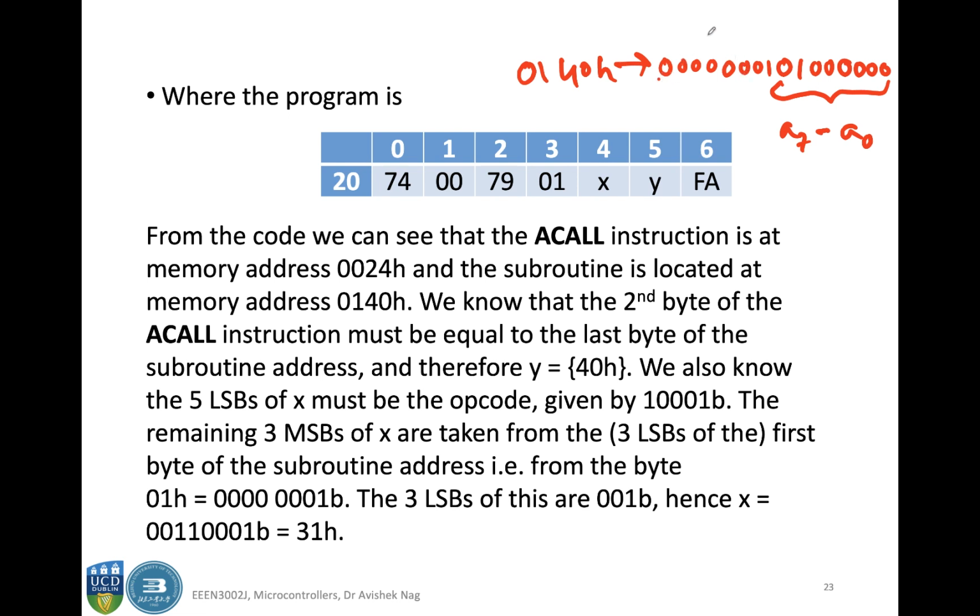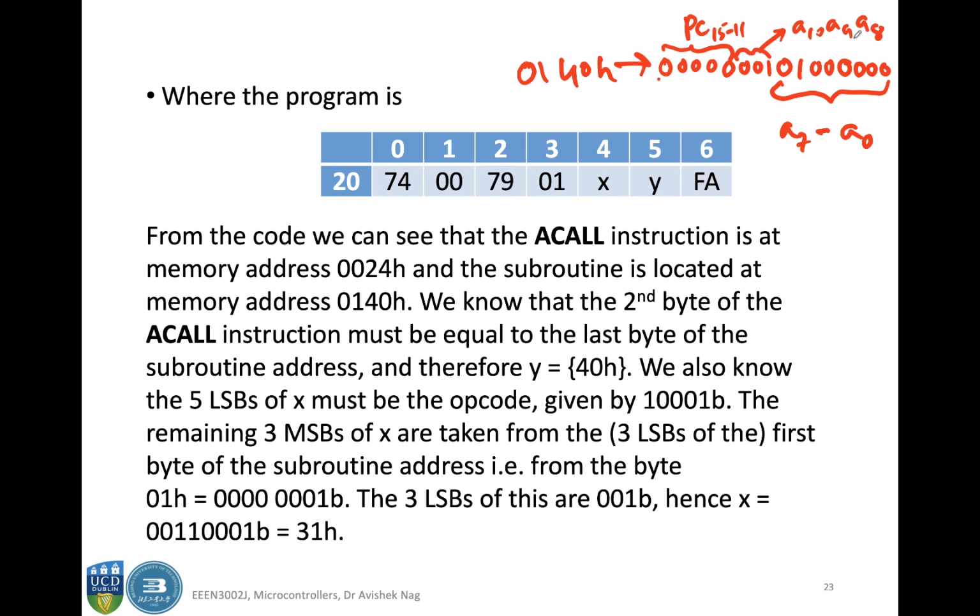Okay, now your subroutine address is formed by this 5, which is your program counter, 15 to 11, right? And these 3, these are your A10, A9 and A8.